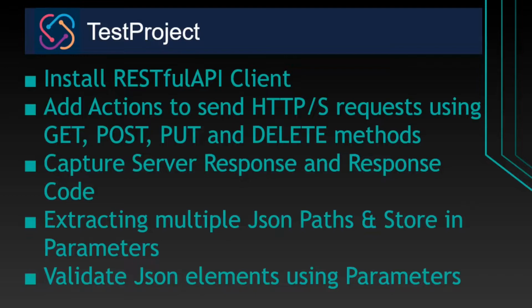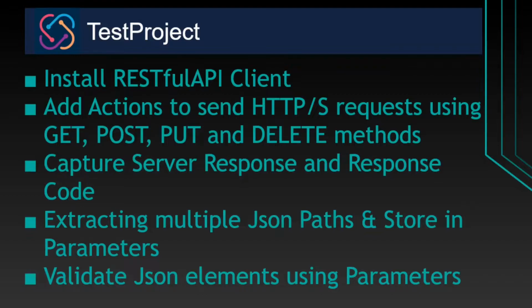By using JSON path, you can capture any root element or any child element that you want to validate, and then store it into parameters so that you can use those stored parameters against your expected results, or in your upcoming test cases.